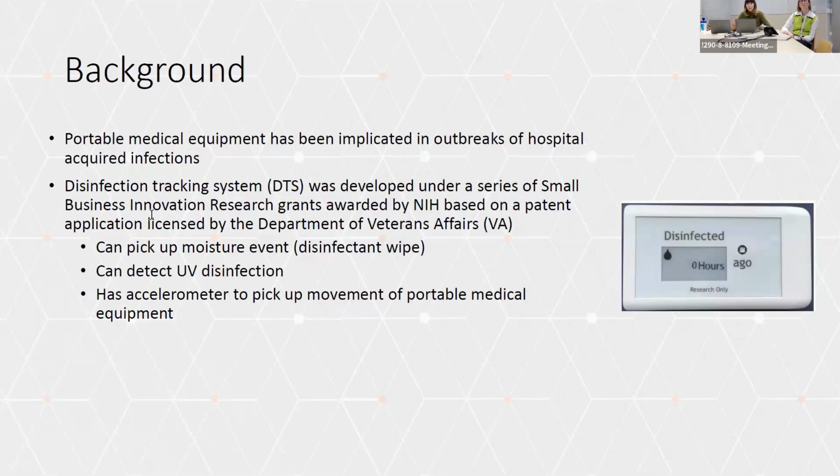So if it got wiped by a disinfection wipe, we also had it detect UV disinfection, and then it had an accelerometer on it, so we could see how it moved around. If you ever want to know the story about this being made, we can talk offline. It was definitely interesting. I worked with engineers, epidemiologists, and whatnot.